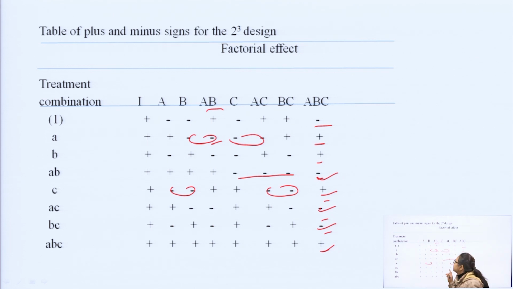So this is a table of plus and minus signs for the 2^3 design.